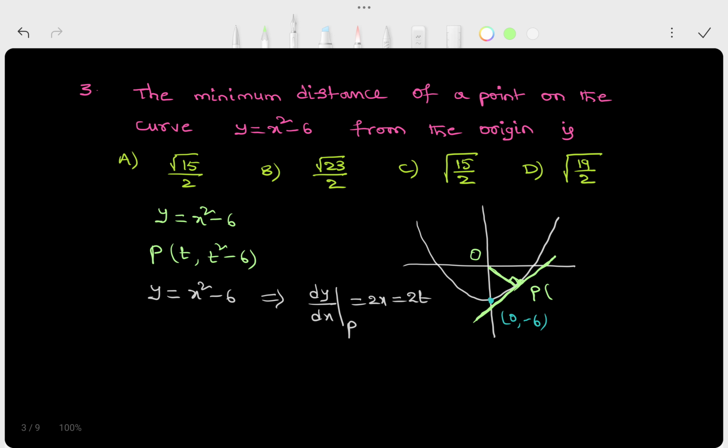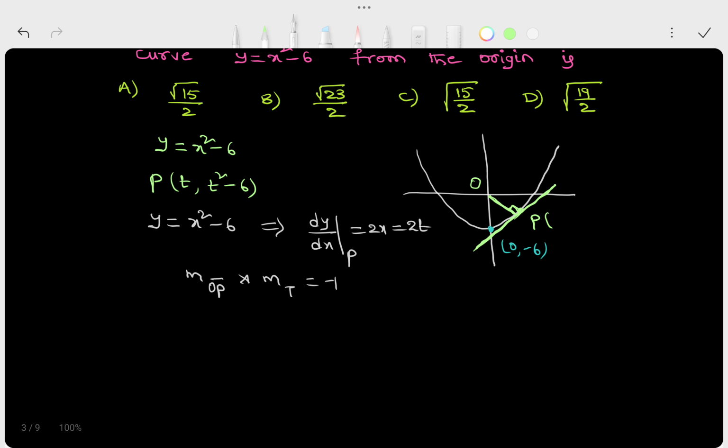When the tangent is perpendicular to OP, the product of their slopes is equal to minus 1. So slope of OP into slope of the tangent is equal to minus 1. So what is the slope of OP? The point P is t comma t square minus 6.